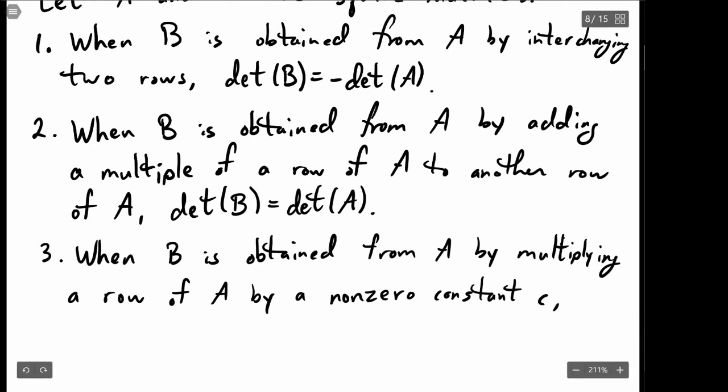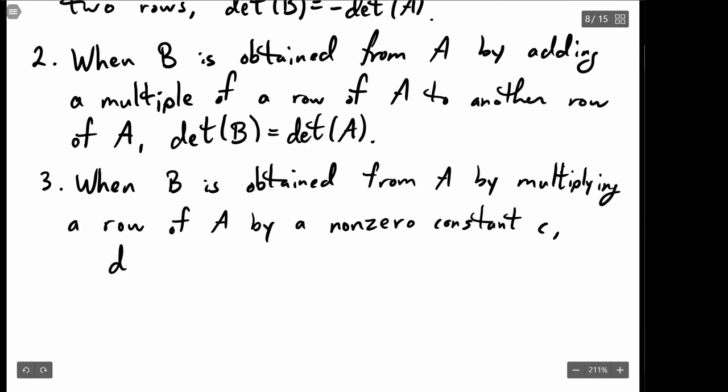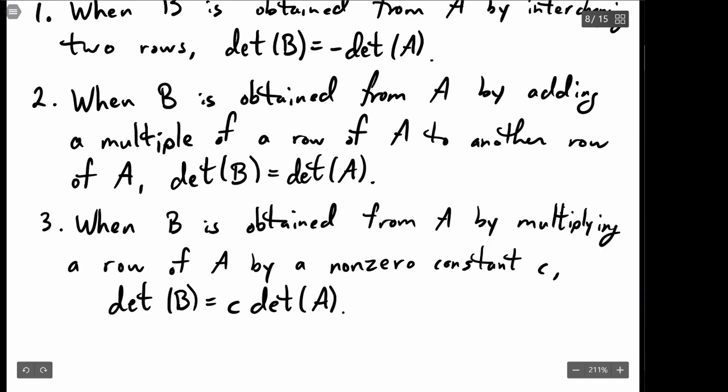Right? When that's the case, the determinant of B is c times the determinant of A.